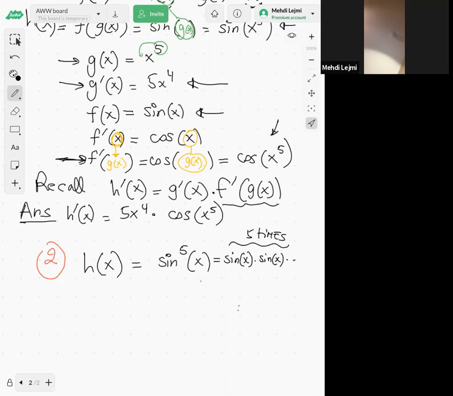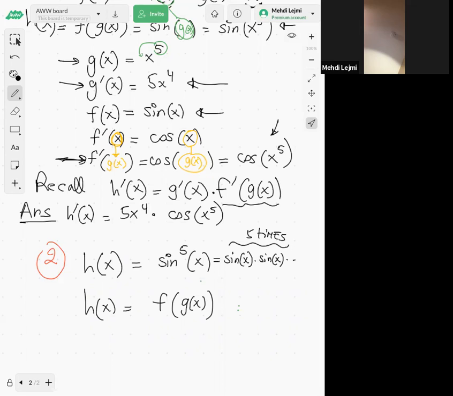So the goal of the exercise, of course, is to apply the chain rule. When I say the chain rule, it means that I need to write h as a composition of 2 functions, f and g. So what are f and g in this problem? Any guess? I want to write h as f of g of x, and then I can apply my chain rule.